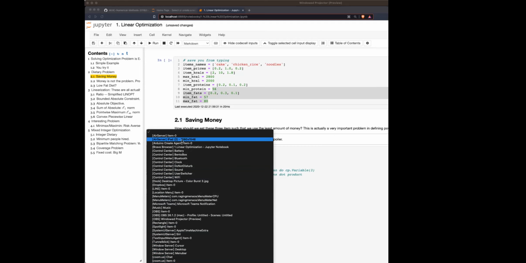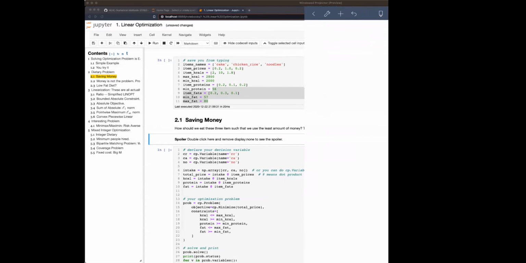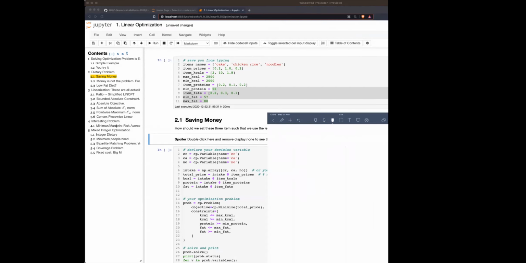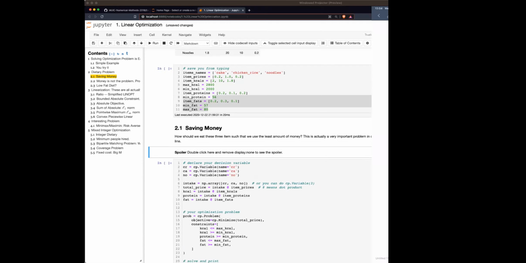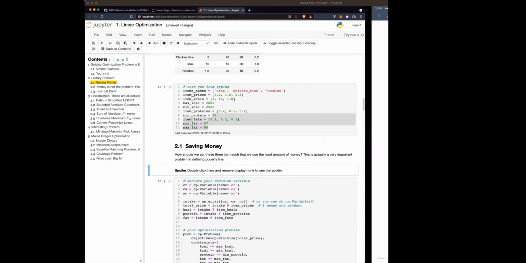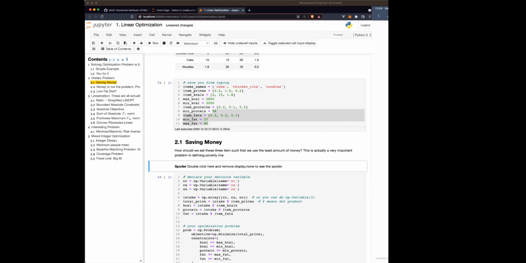AirServer, iPad. And you go here. Nope, it's still too tall. Okay, let me make this a little bit thinner. Okay, I like this layout. I'm gonna keep this layout.